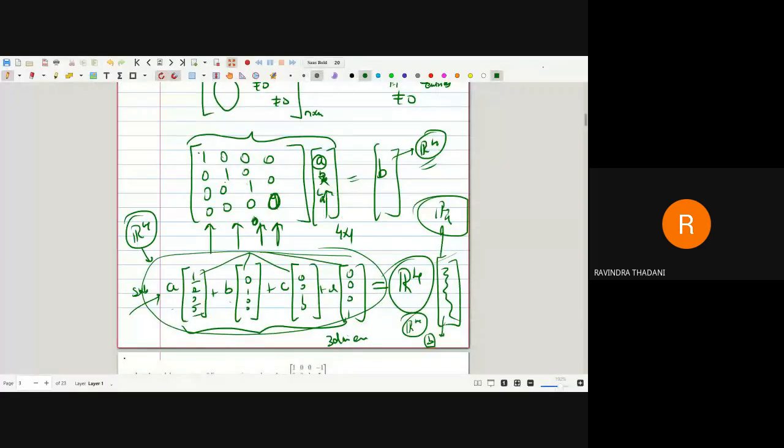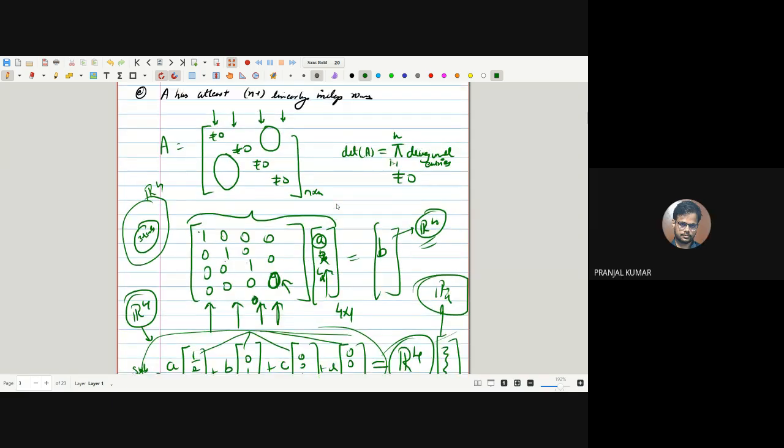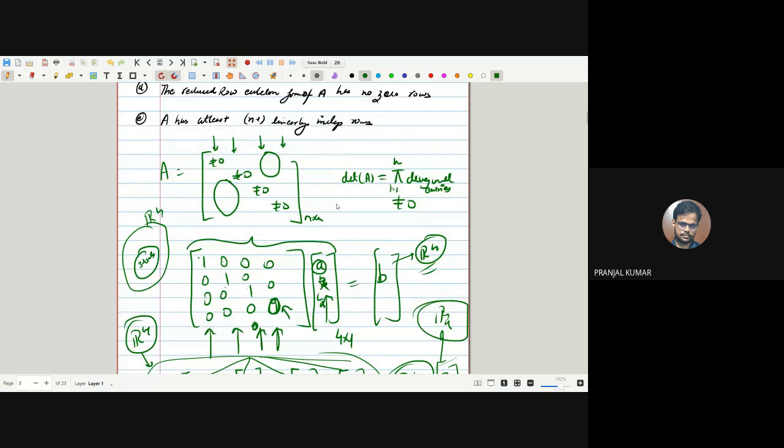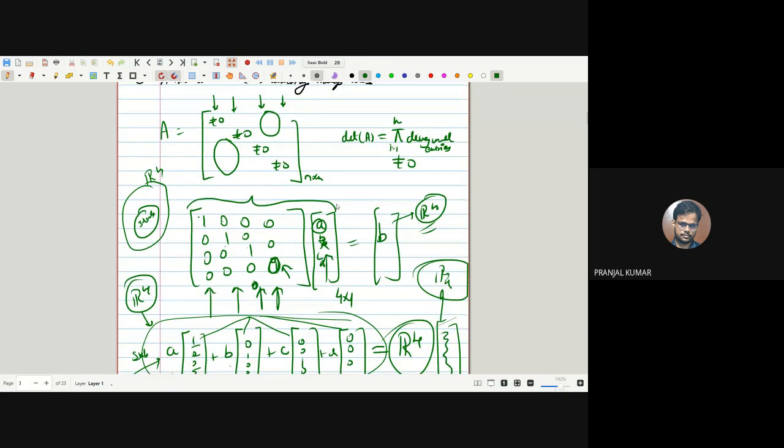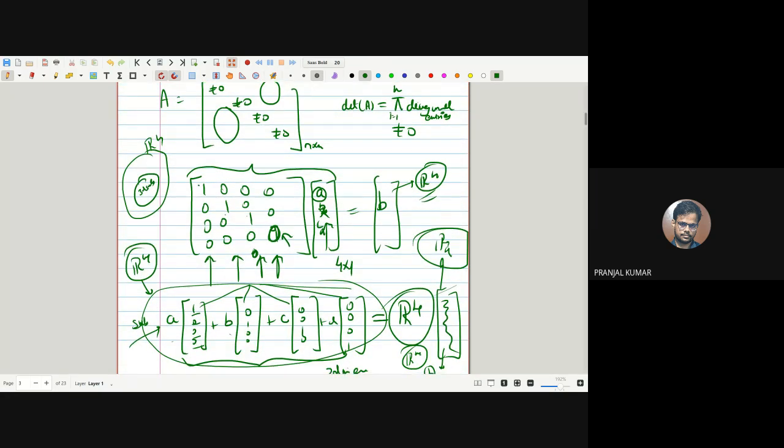If there was a 0 here, it could be that B lies somewhere outside this 3D subspace in R4, the span of the columns of A. In that case, there will be no solution.